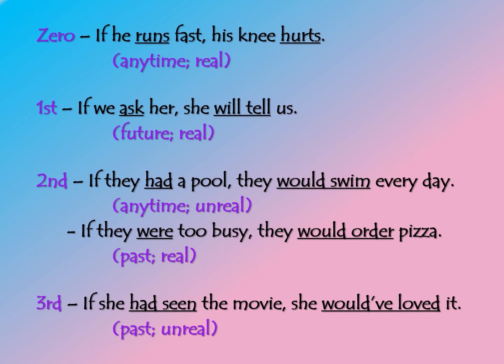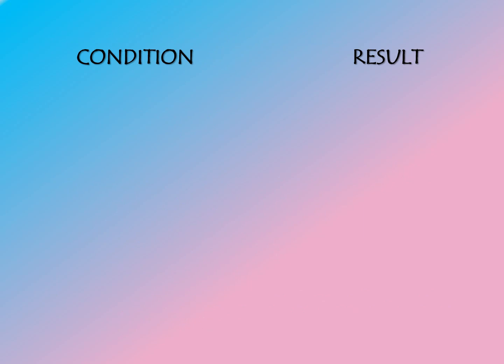Now, as I mentioned, those are the standard conditionals, which you should already know. Mixed conditionals involve mixing the time references, where the first part of the sentence, the condition, and the second part of the sentence, the result, refer to different times.